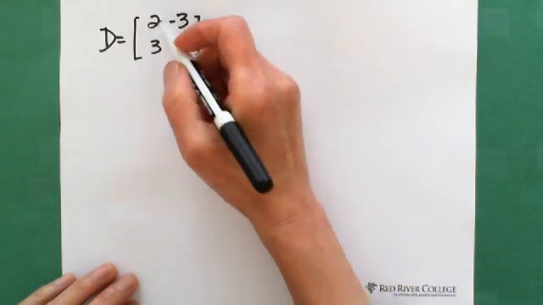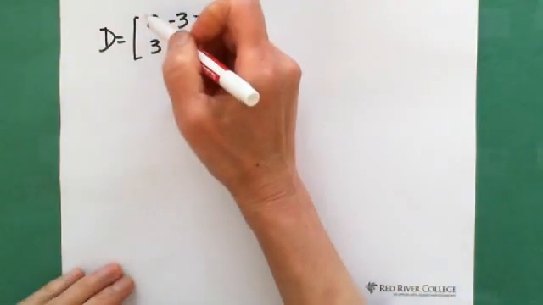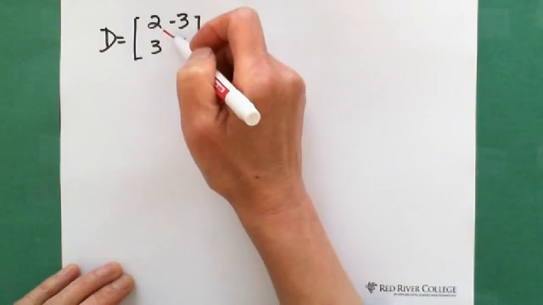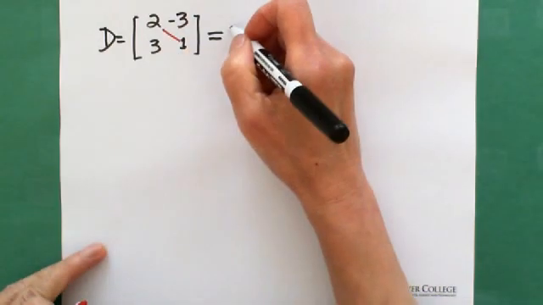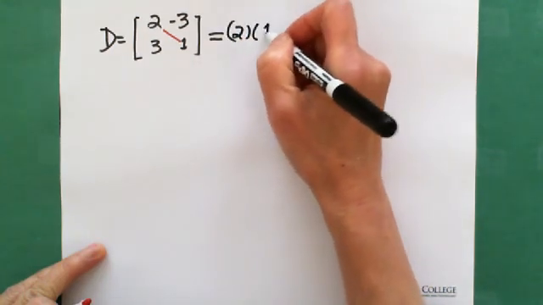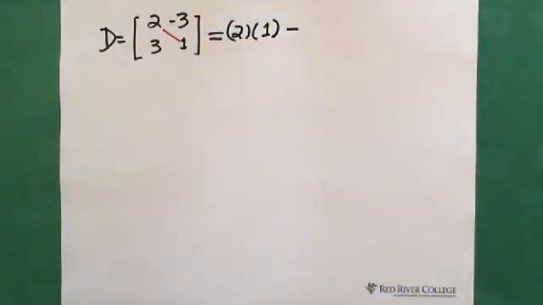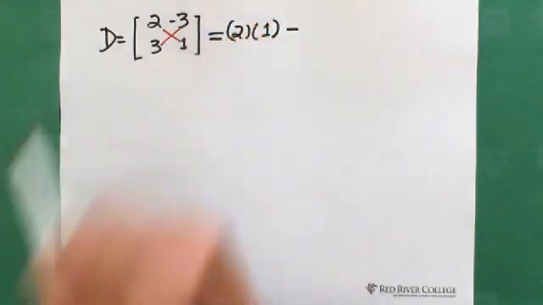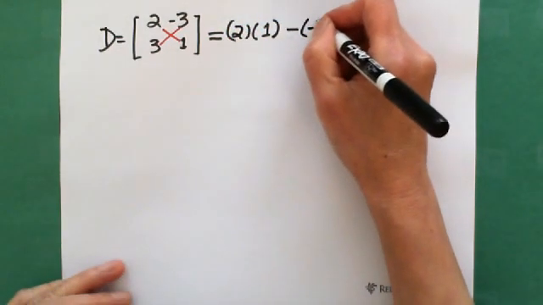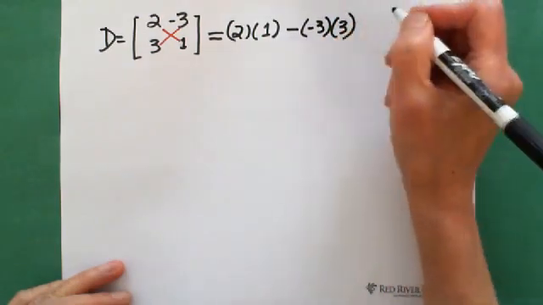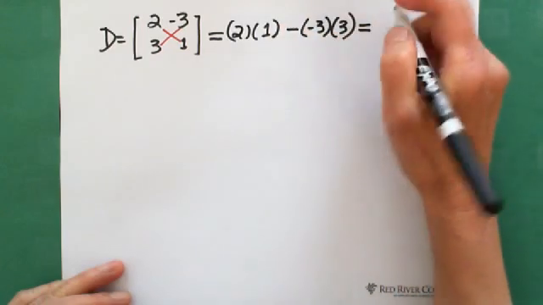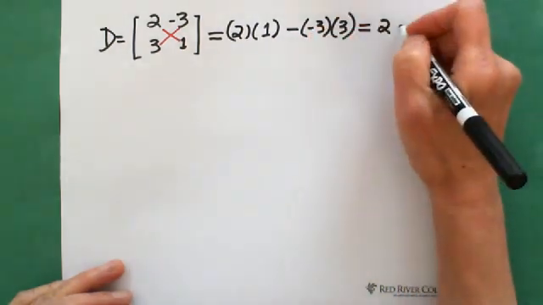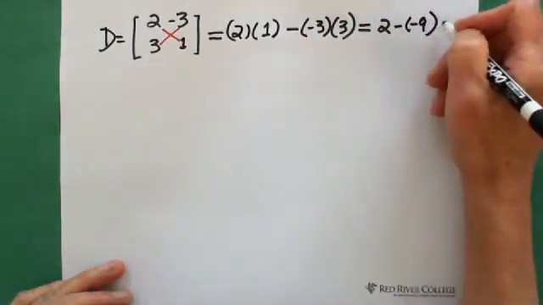To calculate the value, multiply the principal diagonal, 2 times 1, and always subtract the secondary diagonal, negative 3 multiplied by 3. So 2 times 1 is 2, and negative 3 times 3 is negative 9. Minus negative 9, you get 11.